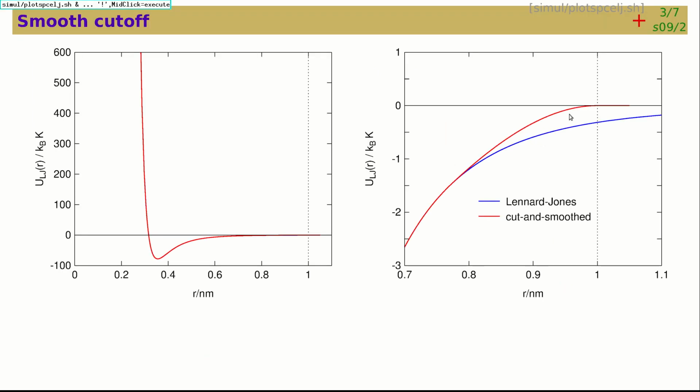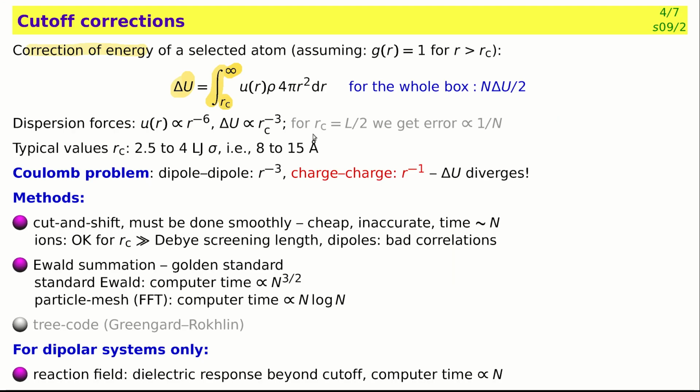The smoothed case can be treated in the same way, it's just a bit more complicated. And I will assume that the cutoff is long enough so that the liquid or the system beyond this cutoff is not structured, that the radial distribution function is unity.